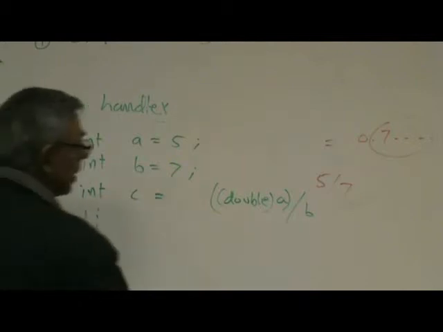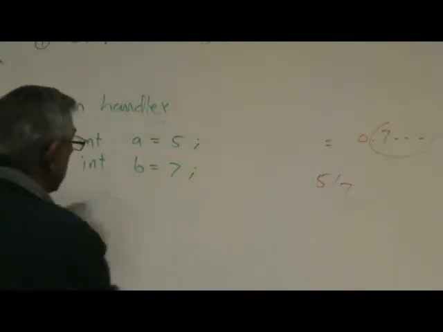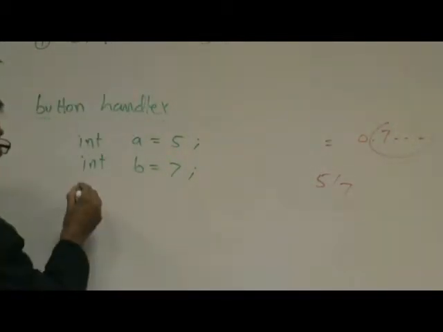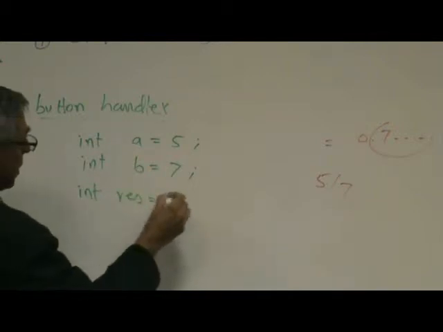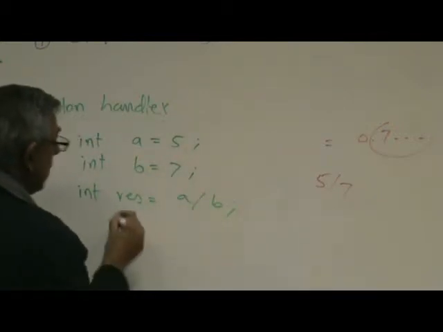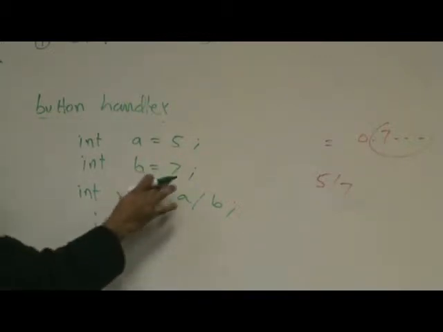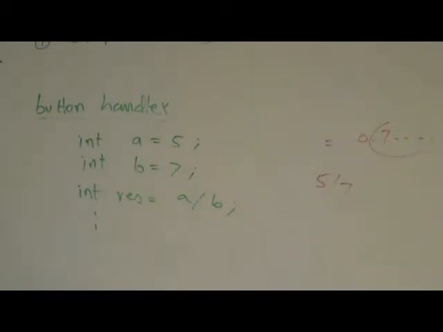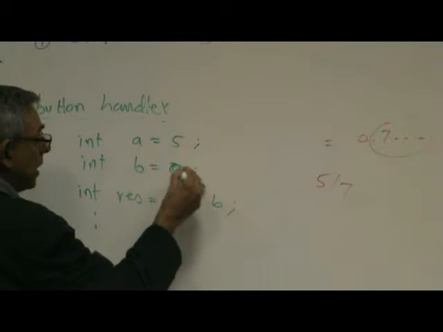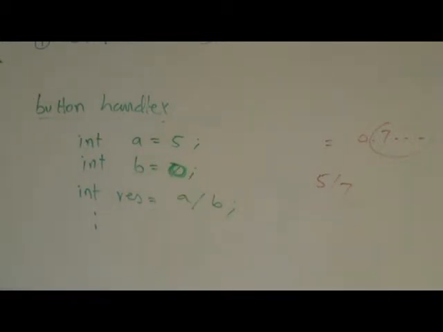So anyway, now let's pretend once again you were doing something, a divided by b, right? This b was being read from a file or from the user input. What if this happens to be 0? Divide by 0. Then you will get an error message.